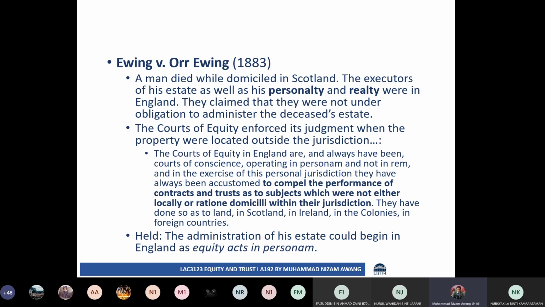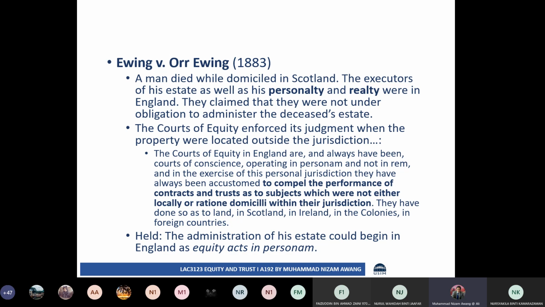Based on the maxim that equity acts in personam, basically to give convenience to the parties, the court held that even though some properties are located outside the English court's jurisdiction, the court can still have jurisdiction to hear the case for the convenience of the parties.